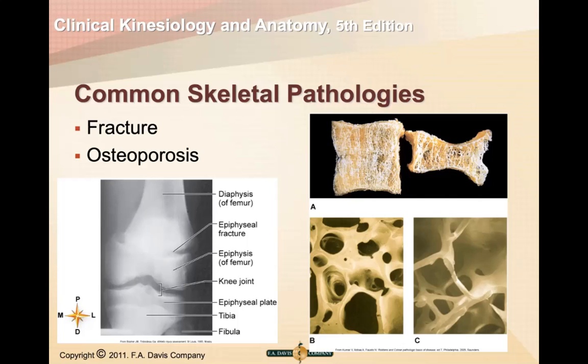So that would be a growth plate joint. So that's a no bueno place to have a fracture. It looks like that whole femur has just shifted over. So that's either going to have to be a surgery or a very long time in a cast.